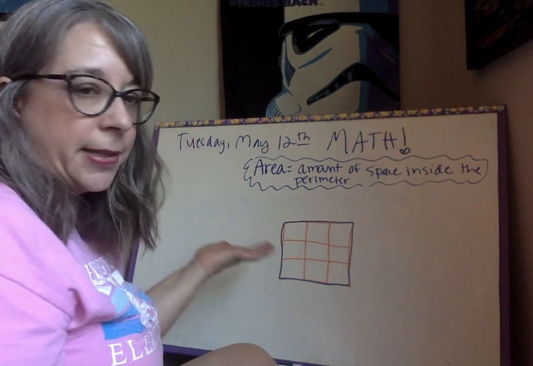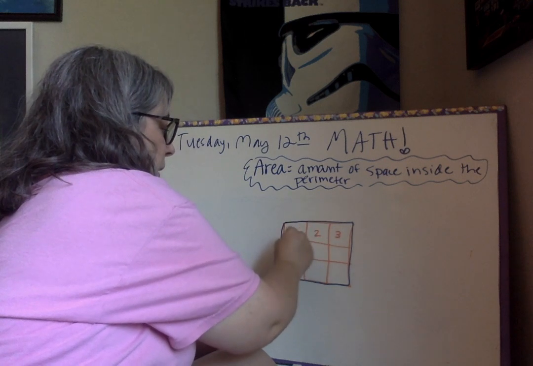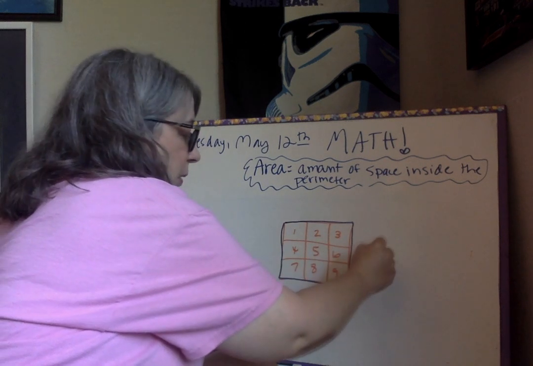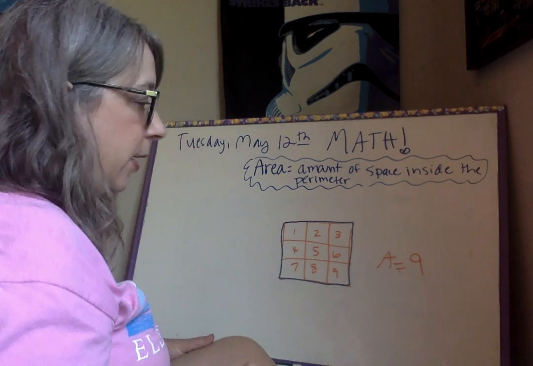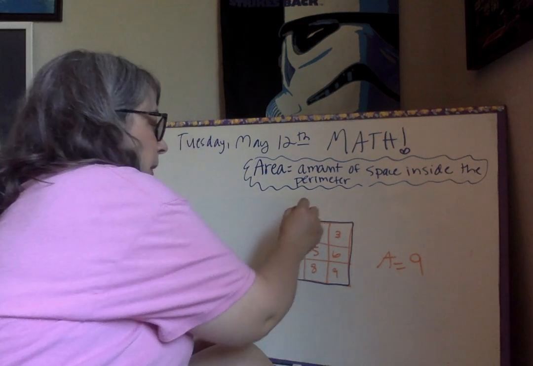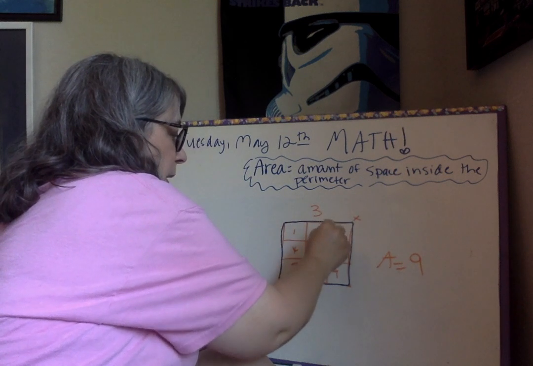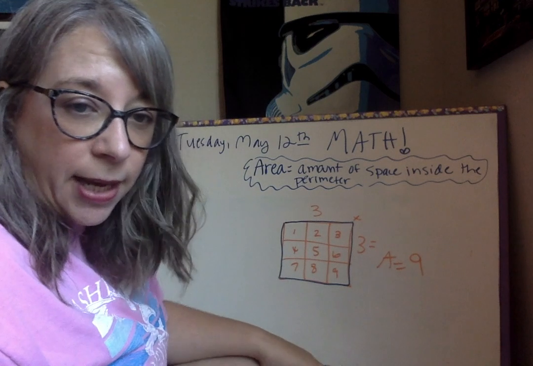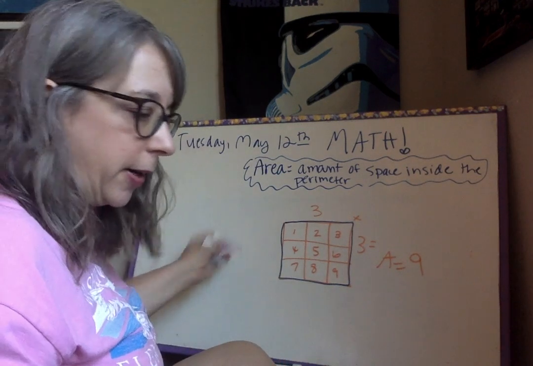So the area is, again, we're just going to be counting 1, 2, 3, 4, 5, 6, 7, 8, 9. So our area is 9. Okay. So how can we multiply that? Well, we're going to say 3 because here's 1, 2, 3 times what? 1, 2, 3. 3 times 3, is that 9? Yeah, it's 9. Very nice. So here we go. That's our area.